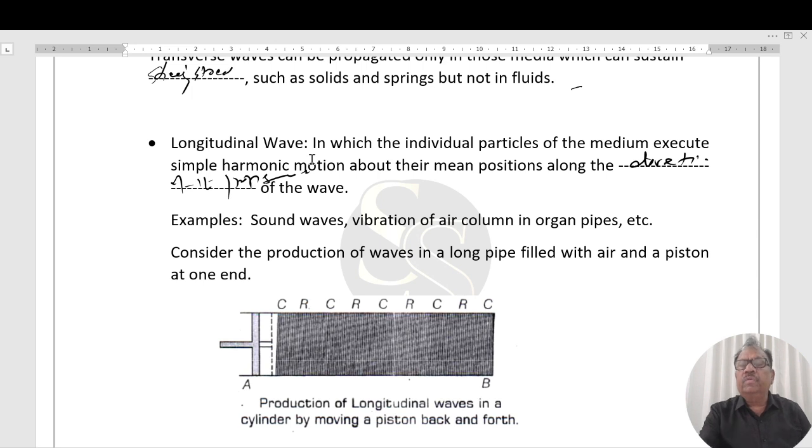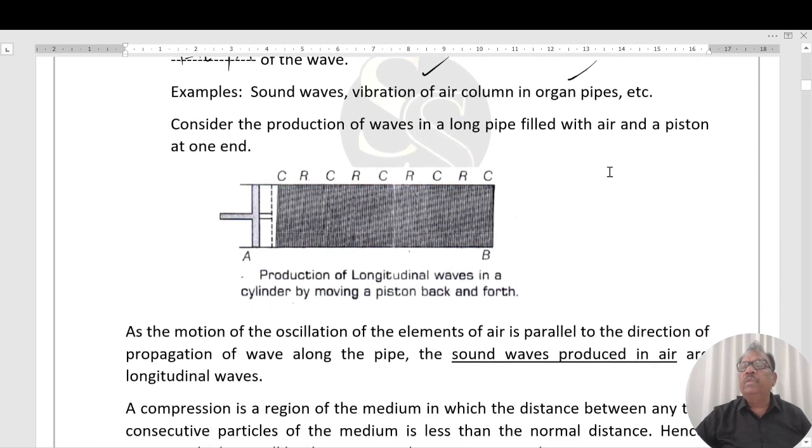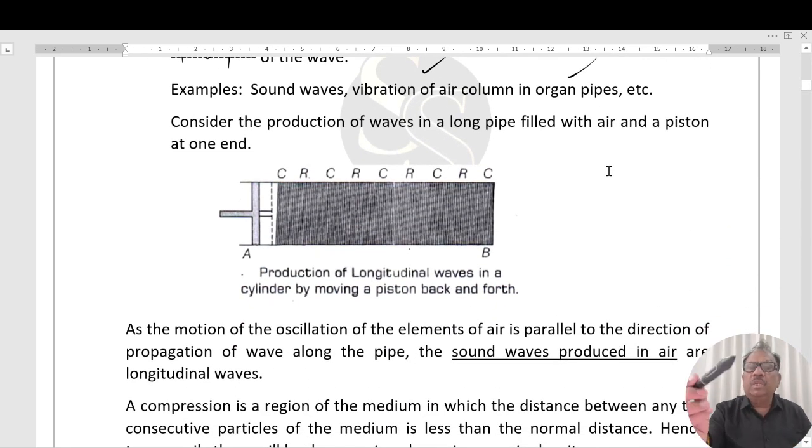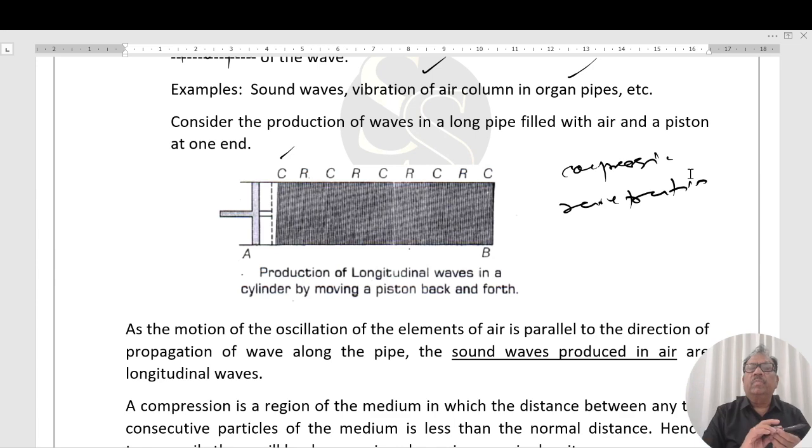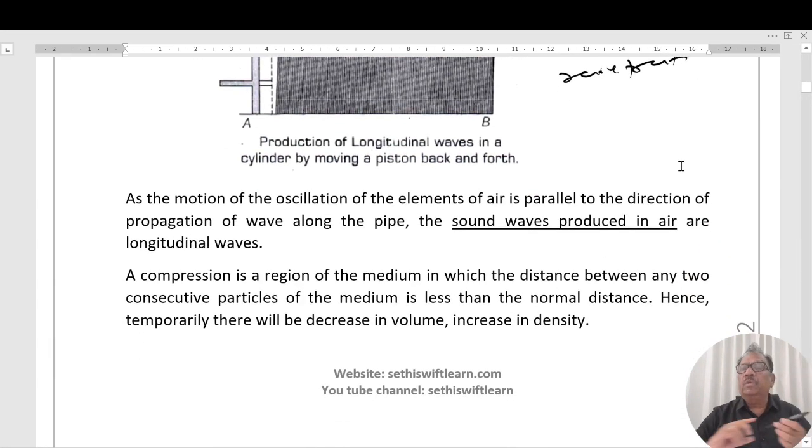Examples are sound waves, vibrating air columns and pipes. Consider production of waves in a long pipe filled with air and a piston. In this case, we get compression and rarefaction. One is compression, one is rarefaction. As the oscillation of the elements of air is parallel to the direction of propagation of the wave along the pipe, the sound waves produced in air are longitudinal waves, right?